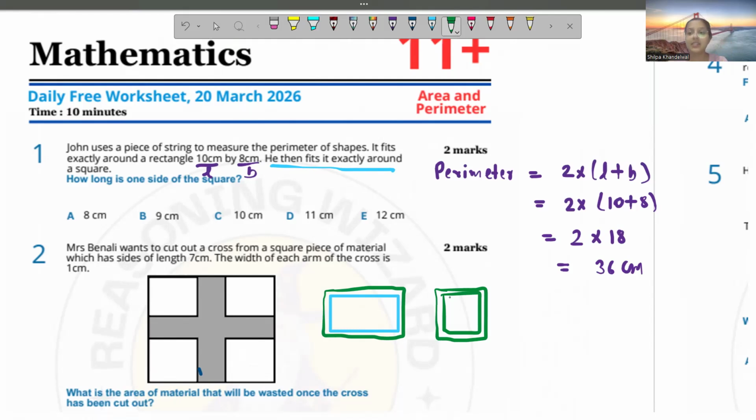If the string size is the same because it fits both shapes perfectly, that means the perimeters of both shapes are the same, right? Because what is perimeter? It's the total boundary, which means the total boundary of both shapes is the same.